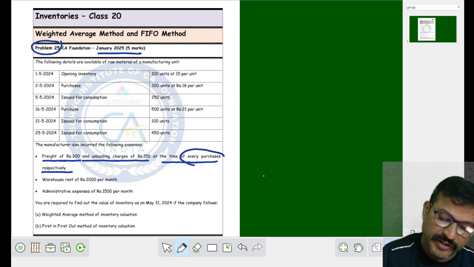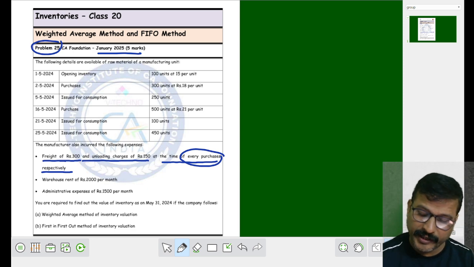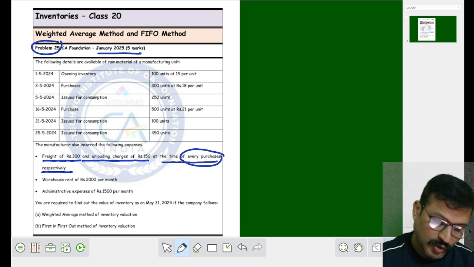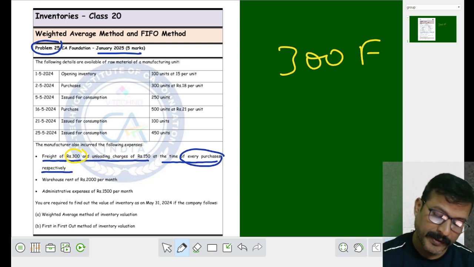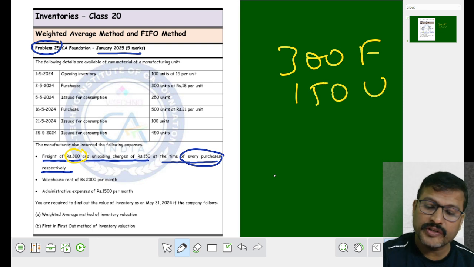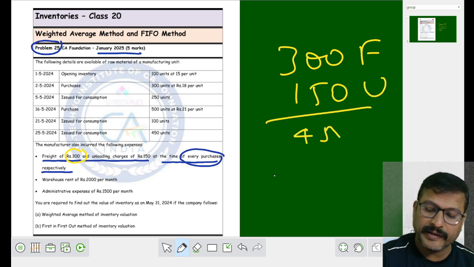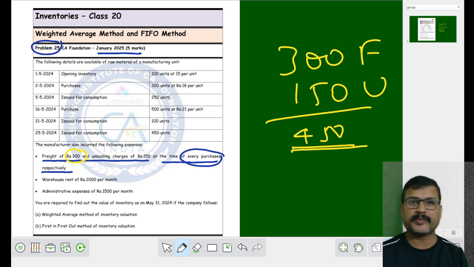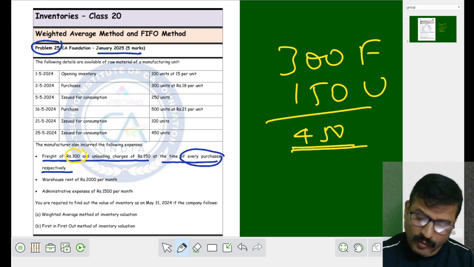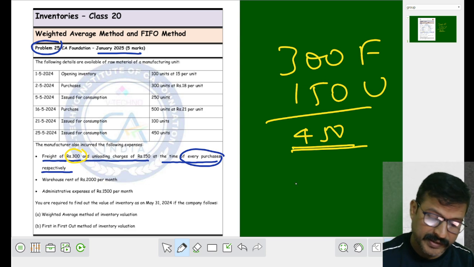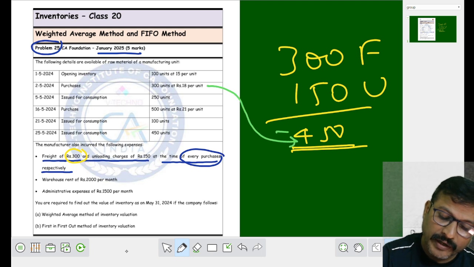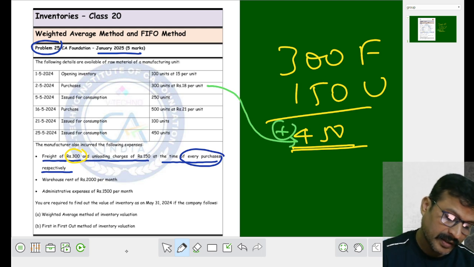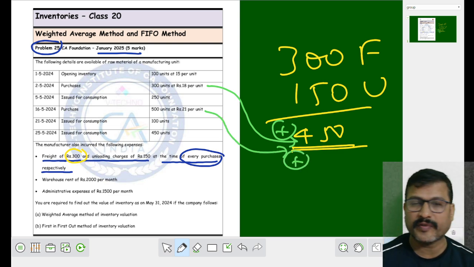For every purchase he incurred a total amount of rupees 300 freight and 150 unloading charges. Put together it comes to 450 rupees. What to do with this 450 rupees? My dear student, remember, for this purchase we have to add 450. Again one more purchase, for this purchase also we have to add 450.